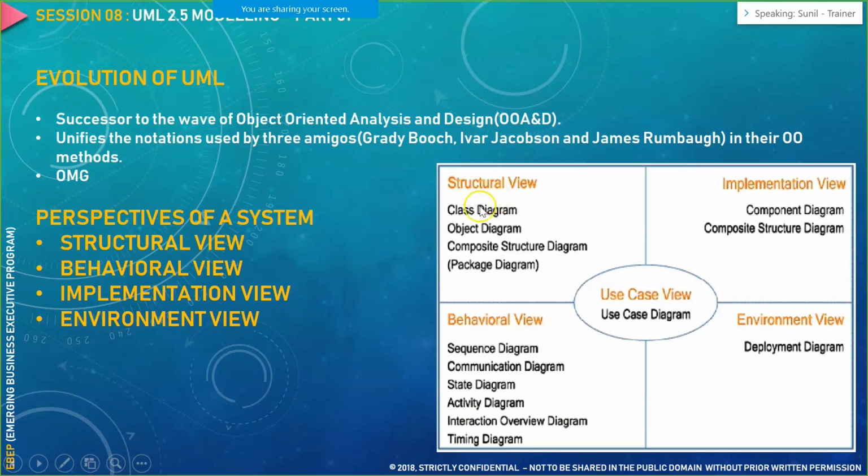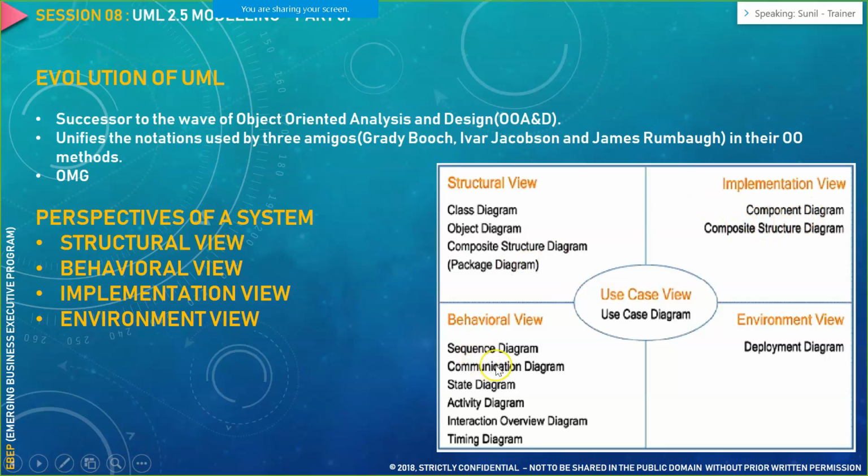The structural view is how the system would have the interaction happening over there. For example, we would have different class diagrams, different object diagrams to indicate how the interaction would happen in a particular system. And then we would have the composite structure diagram, that is the package diagram.